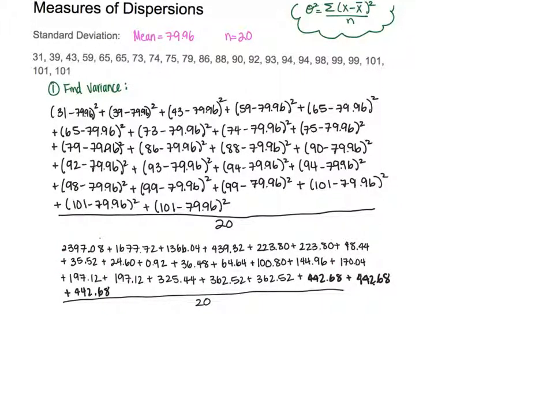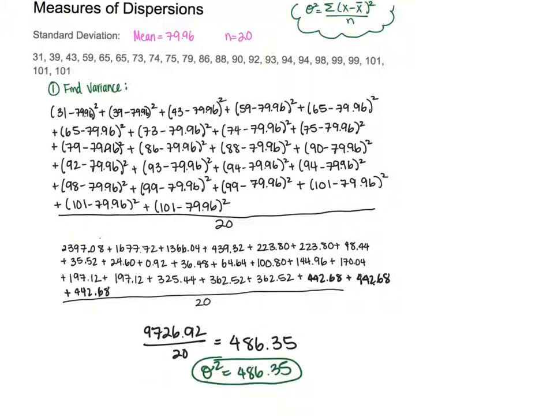All right, so when I added up all my numbers here, I got 9,726.92 divided by 20. If I divide that by 20, because I have 20 terms, I get 486. I'm going to round to 2 decimal places, so 335.